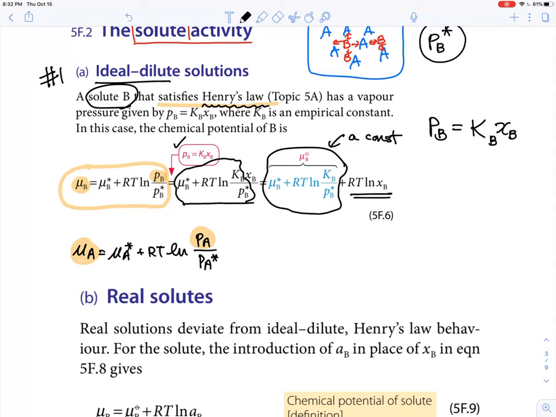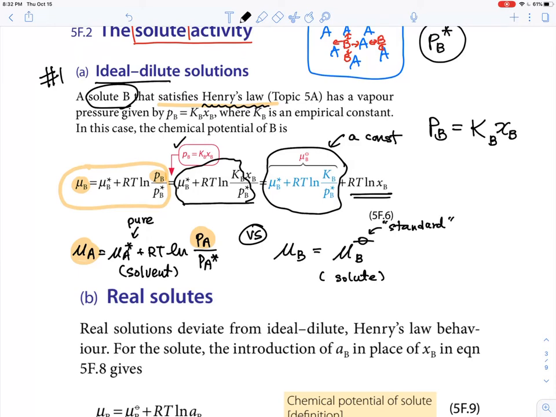By doing so, what you see here is the chemical potential of the solute, and they use a different notation: the chemical potential of B in a standard state. This is a pure state for the solvent, but we do not have the luxury of calling this a pure state for the solute. We're just going to call it the standard state.